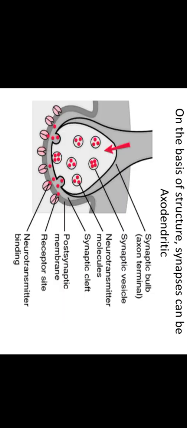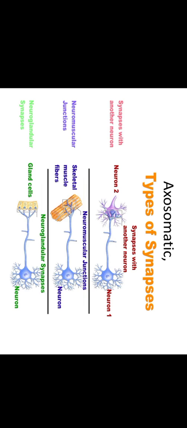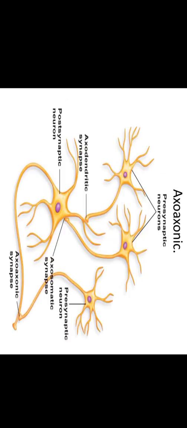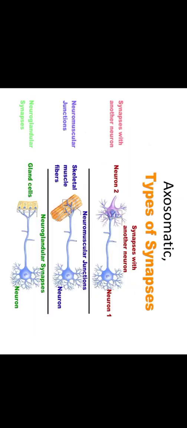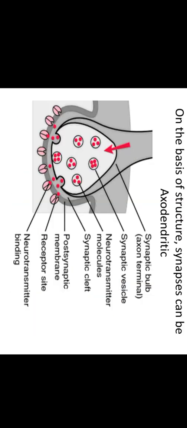On the basis of structure, synapse can be axodendritic, axosomatic, or axoaxonic. Three types. In axodendritic, you see axon and dendrite, a releasing part and a receiver part.